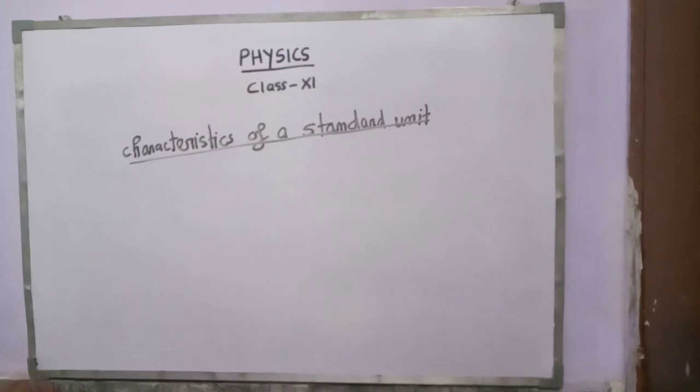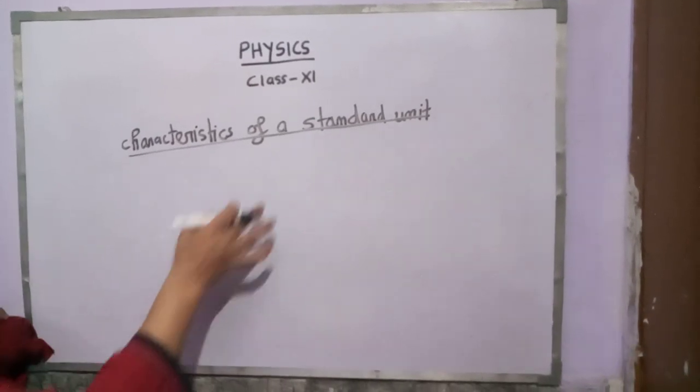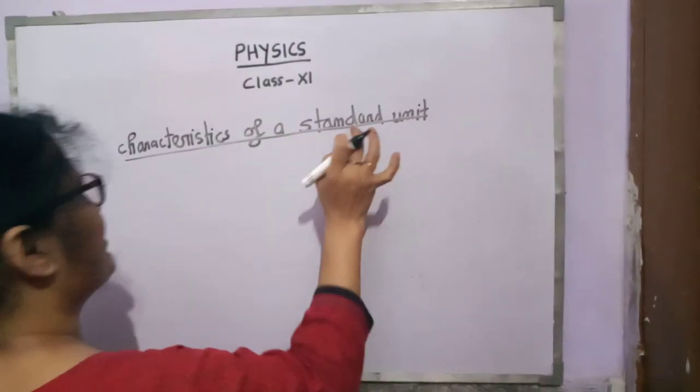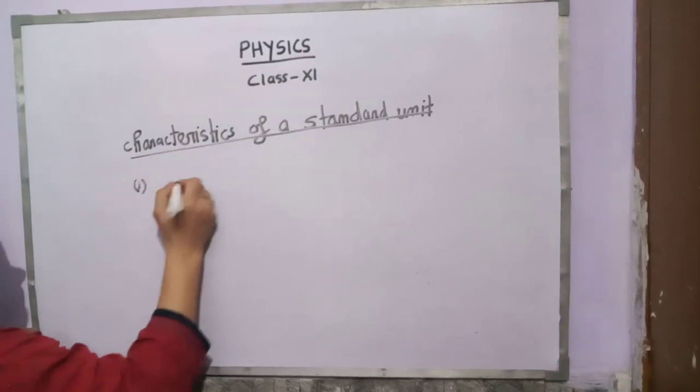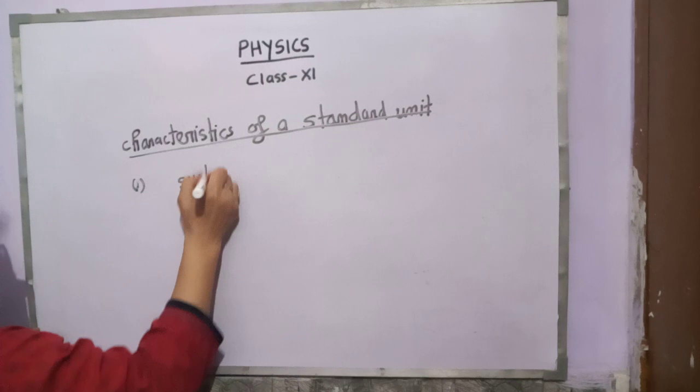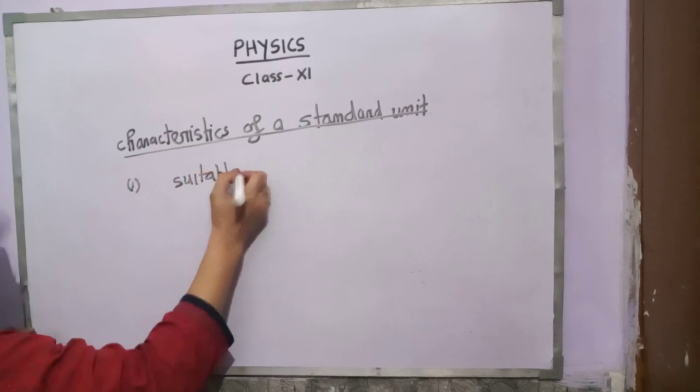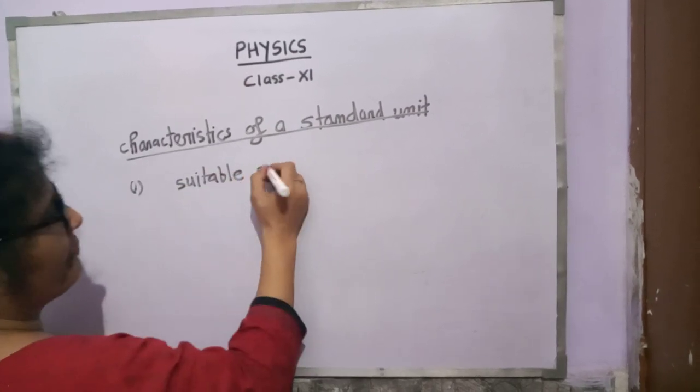There are certain restrictions. That is why we can say that a unit is a standard unit. Number one, it should be of suitable size. Suitable size means it should not be too small or too large.